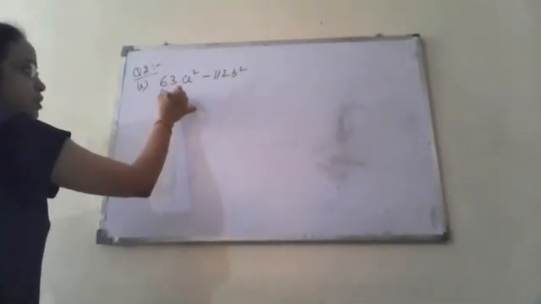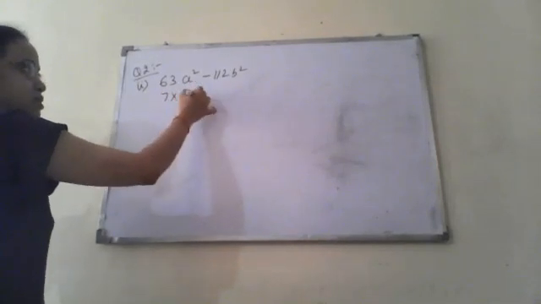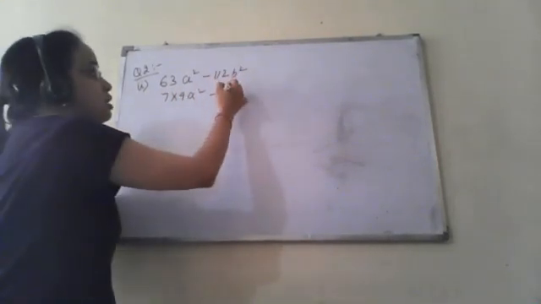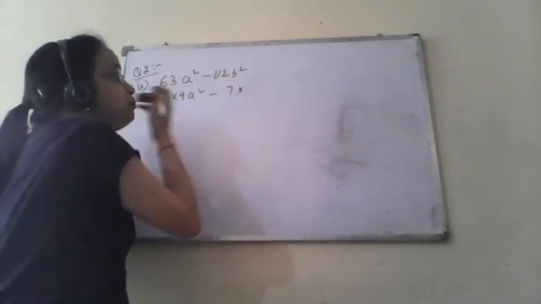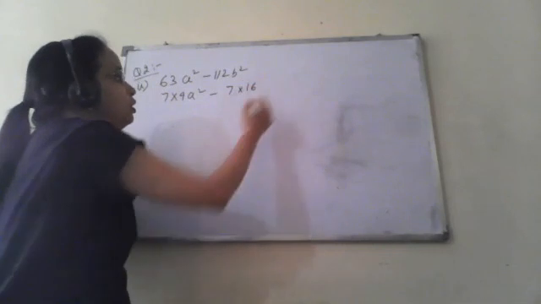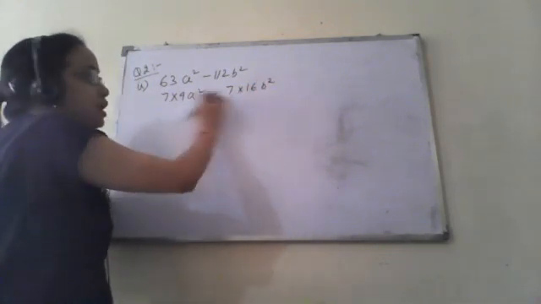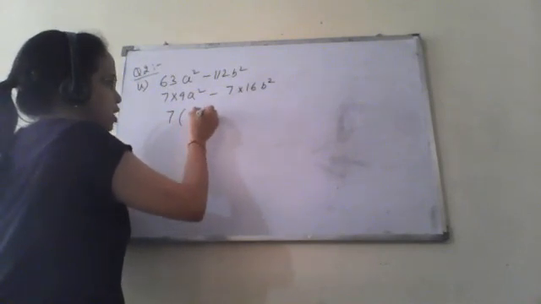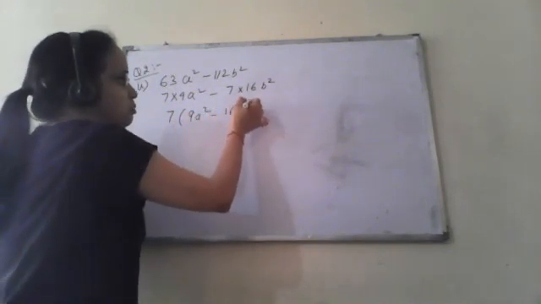So first we have to do this: 63 can be written as 7 into 9, 7 nines are 63. This is a square. This, if we divide, becomes 7 into 16. This is b square. Now we can take 7 common. So what it becomes, 7 into 9a square minus 16b square.